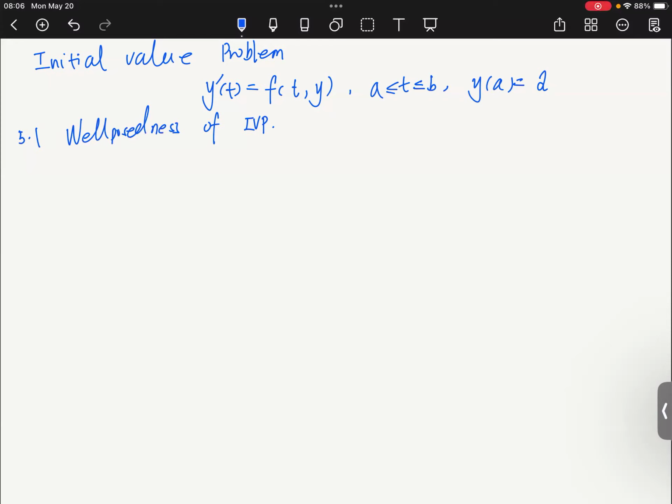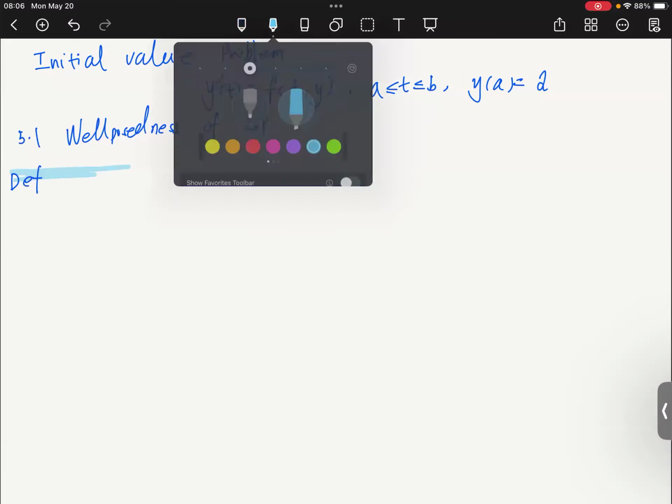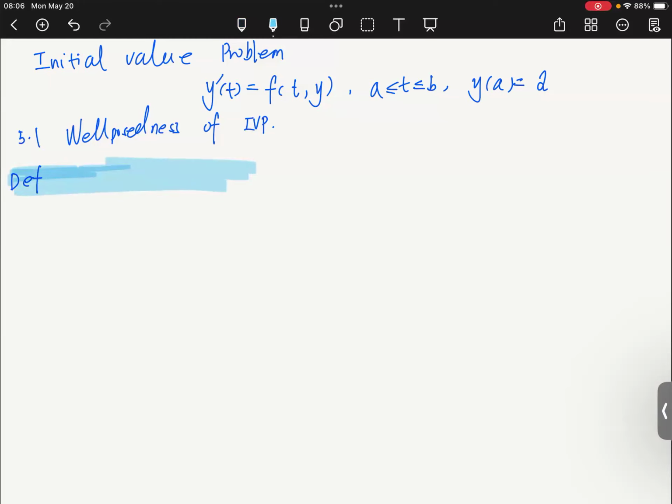First, let us go back to the definitions. The first one should be the definition of Lipschitz continuous, in case you forget it.